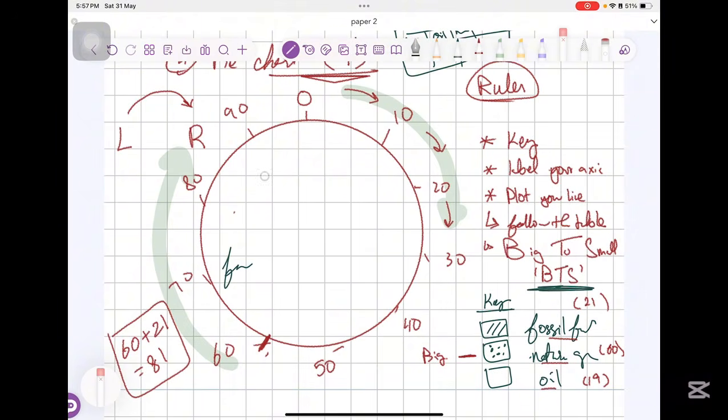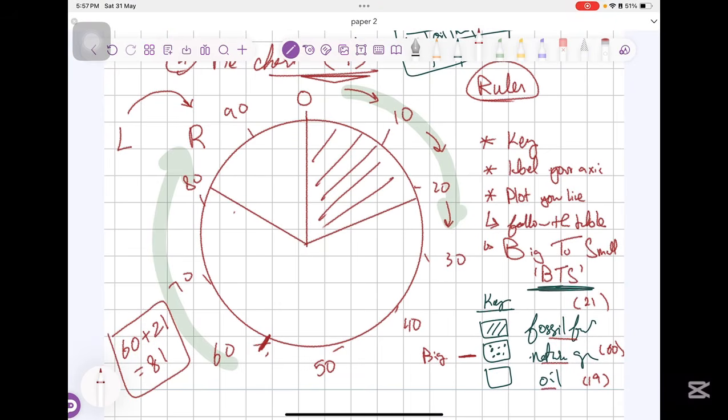Method number 2 is following exactly what the table is saying. Go for fossil fuels, which is 21. You start in the middle, move clockwise this way, and follow your key. This was for your fossil fuels. Then it was this part, which is going to be oil.